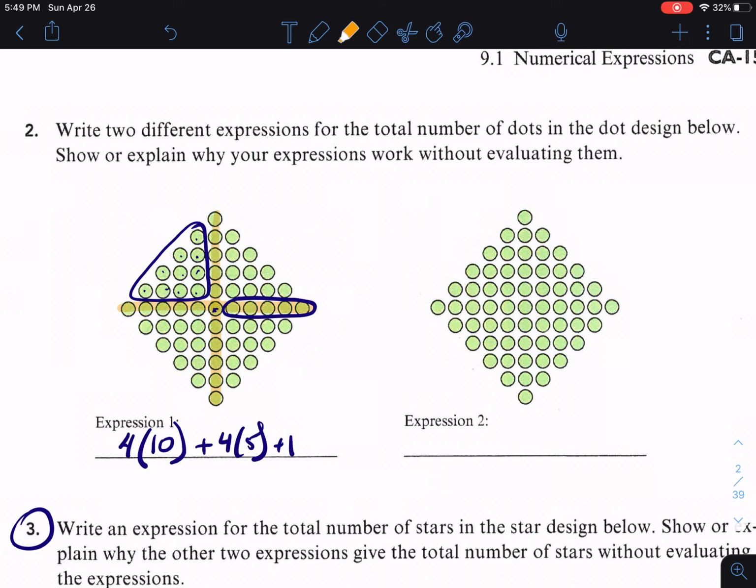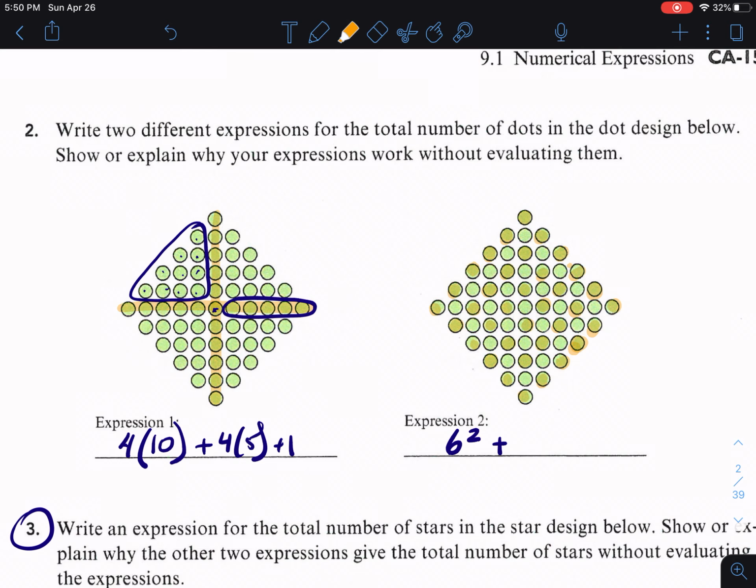Another way to look at it is to say, hey, I see that we can find dots that line up. If I just look at the dots that I'm highlighting right now in orange, then I see a 6 by 6 square, right? There's 6 rows, 6 columns. So 6 squared.